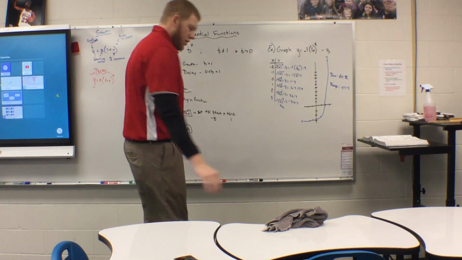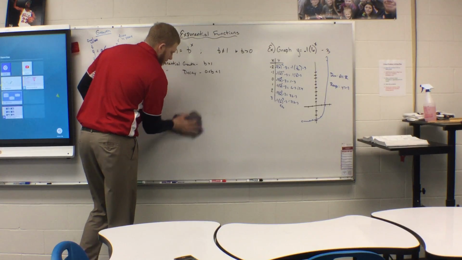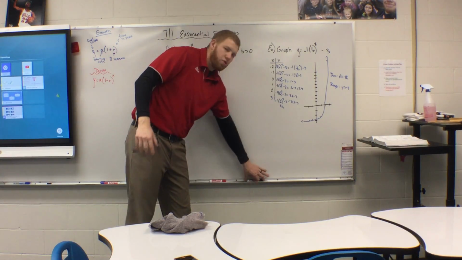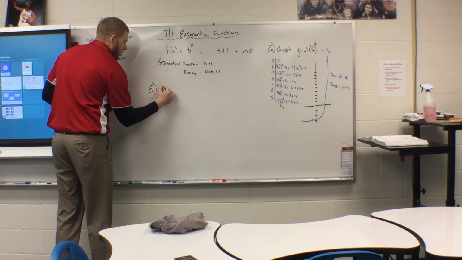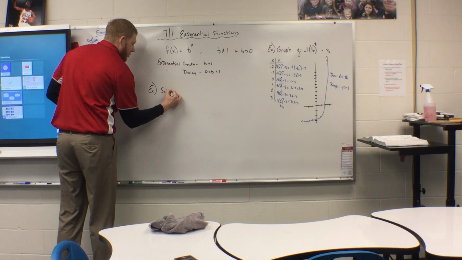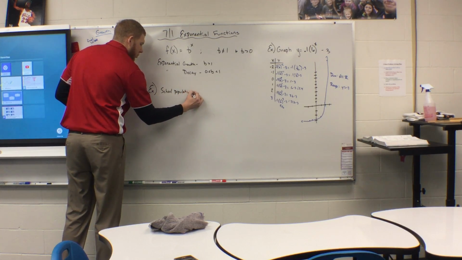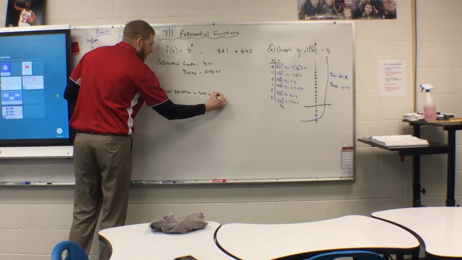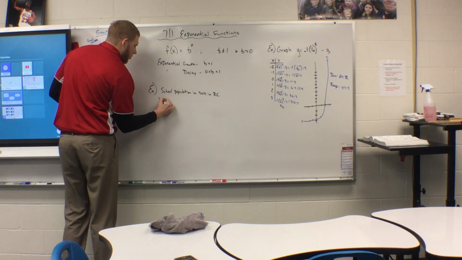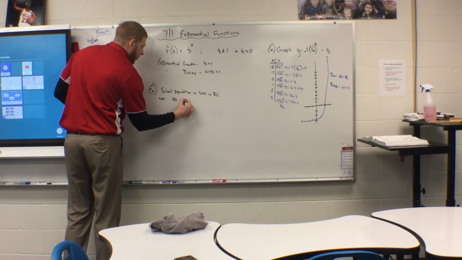Okay. So an example of where we would use this, let's use the school population example. School population in 2012 in Rock County was, I don't know, we'll call it 190 students.